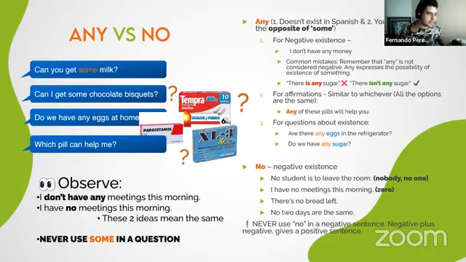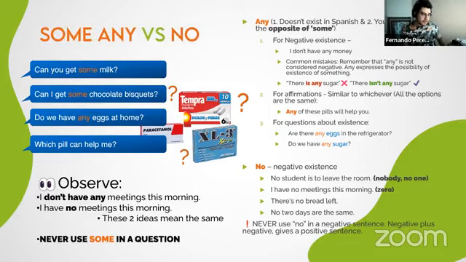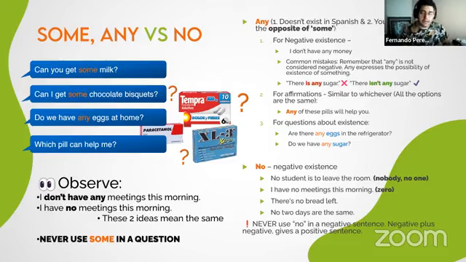And when you have a question, what you need to understand is the difference between any versus some. So we are going to check some, any, and no. In the question, you are going to use some when you have a confirmation of existence.